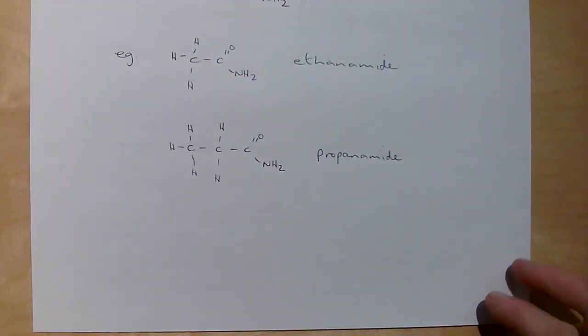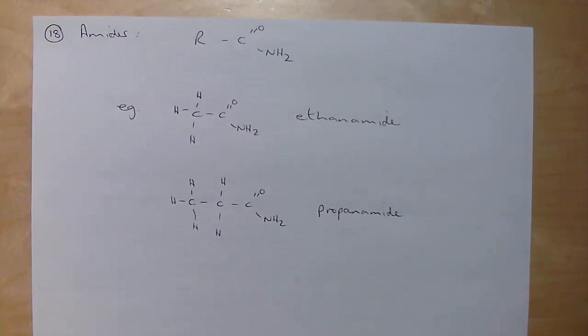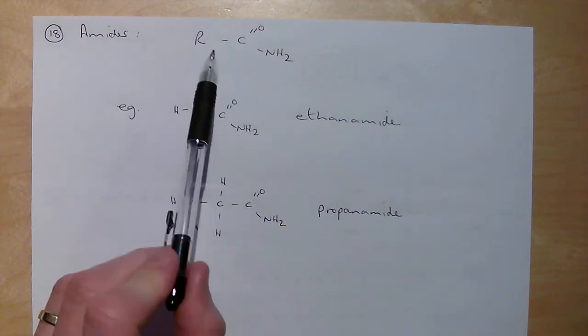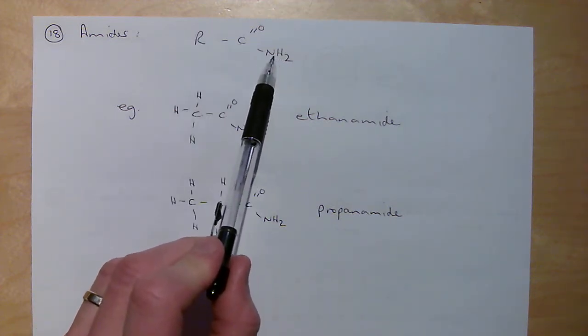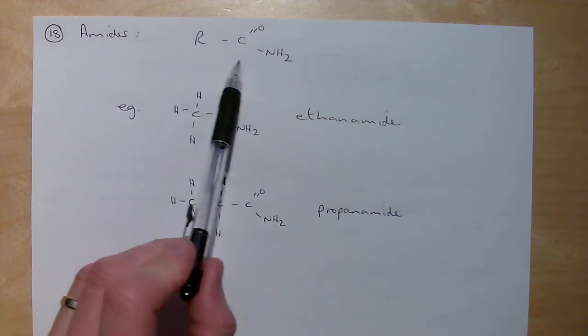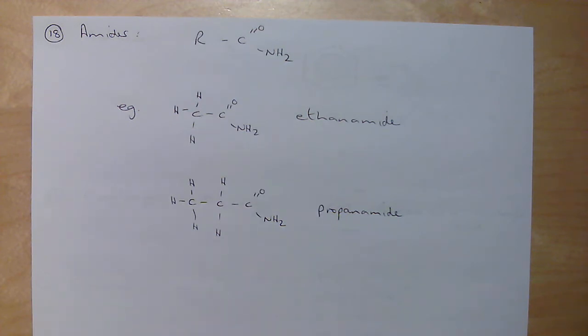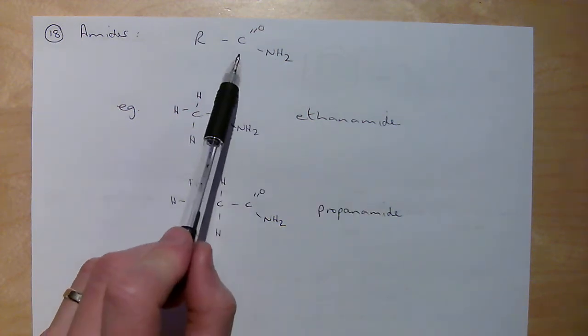Okay, right, at number 18, look what we've got here. It's an amide this time. It's not an amine, it's an amide, and look what we've done. If the amine was RCH2NH2, the amide, because we're in year 13 now, we introduce a carbonyl group into the amine. When you introduce a carbonyl group into an amine, you get an amide.